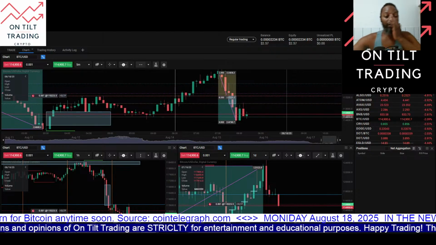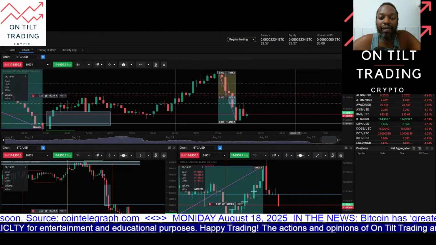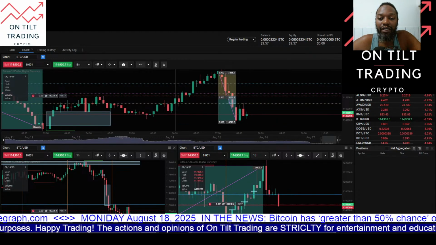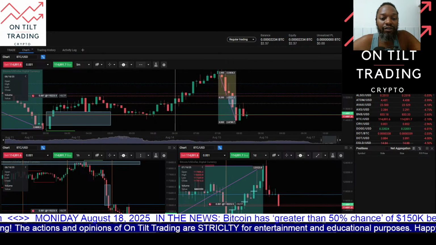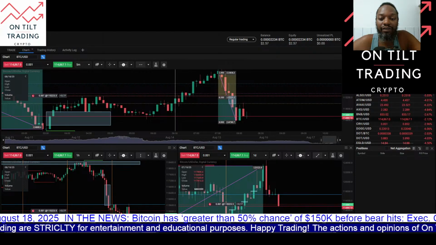So now I'm just waiting for price action to potentially trade back in my direction. Also, this yellow line here is the opening price at 6:30.